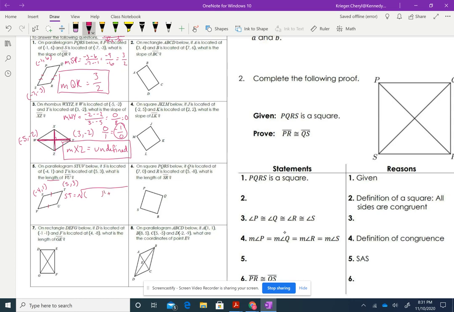I'll set it up. Here we go. So the difference of my x is 5 minus -4 squared plus the difference of my y's, 3 minus 1 squared. 9 squared is 81. 2 squared is 4, so this is the square root of 85. So if ST is the square root of 85, VU is also the square root of 85.